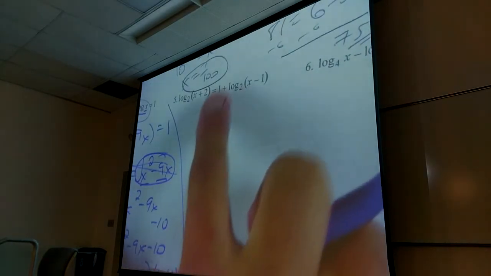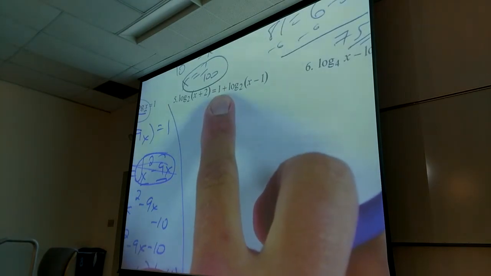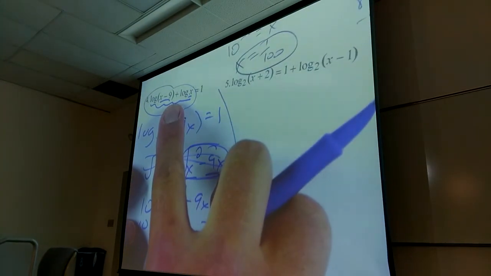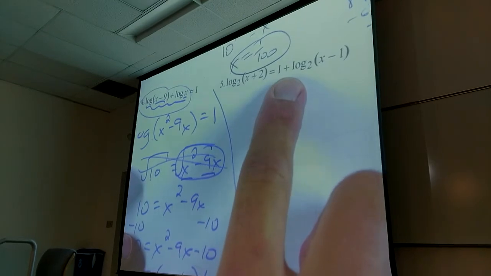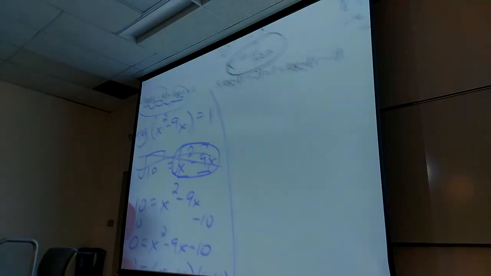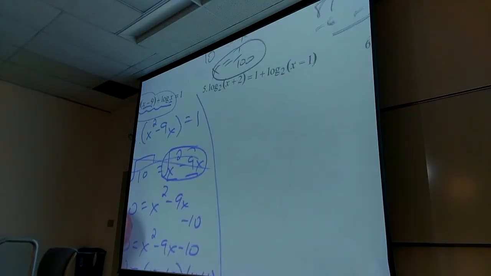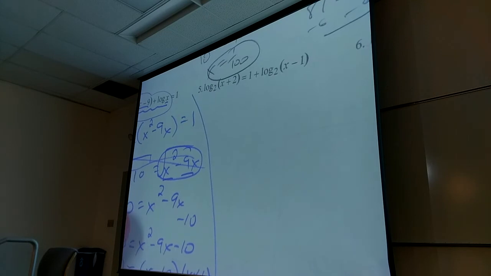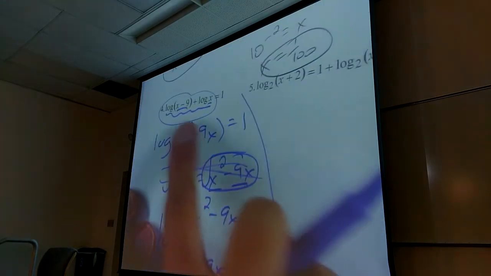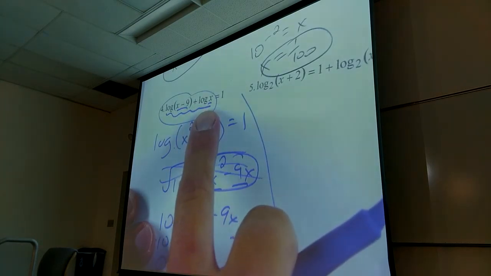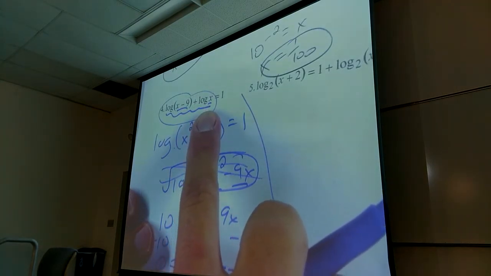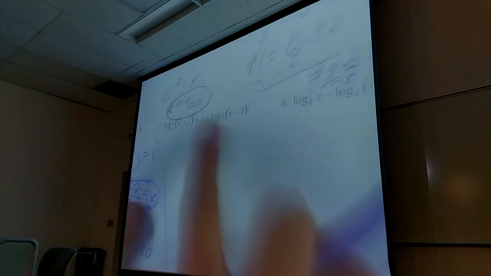So what's kind of wrong with this guy? I want to try to do the same thing I did here because there's too many logs running around. I want to put them together. So what's wrong with them currently? What's wrong with the logarithms? Why was this one easy to put together? Because they were both together. So now I can just put them together. What's wrong with the logs here?